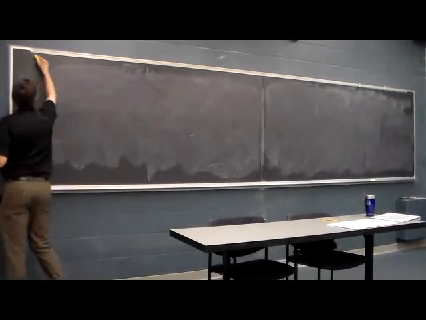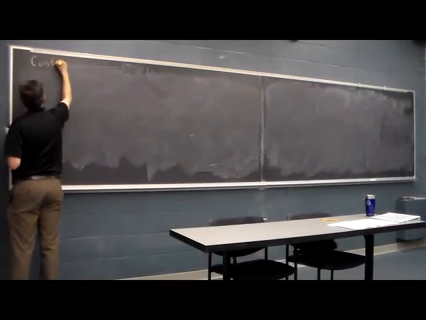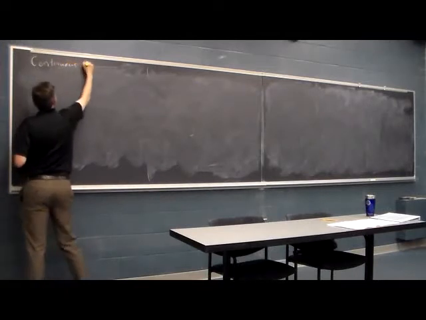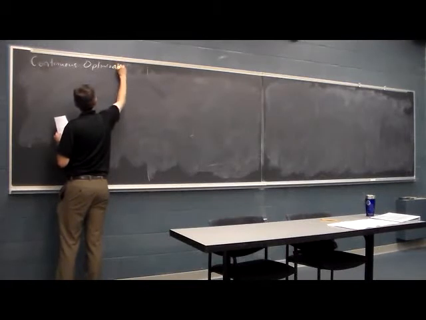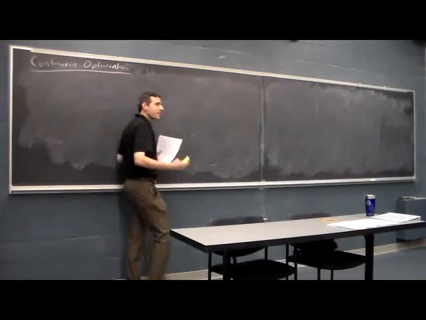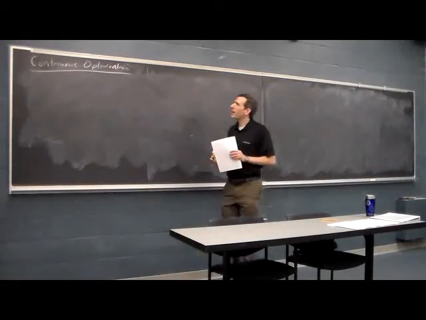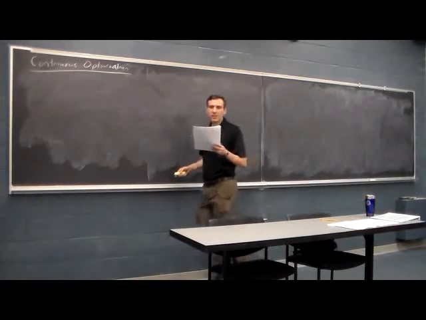So we're moving on with the topic of optimization, particularly continuous optimization. What I want to talk about today is what I describe as general continuous optimization or unconstrained optimization.